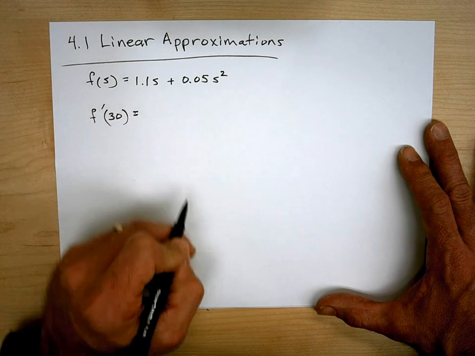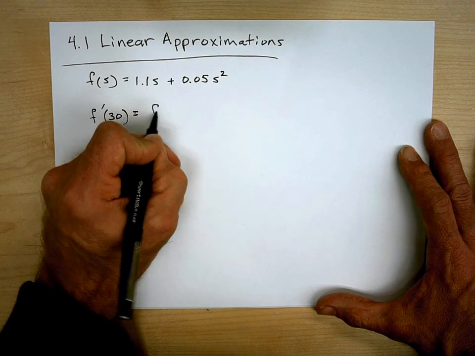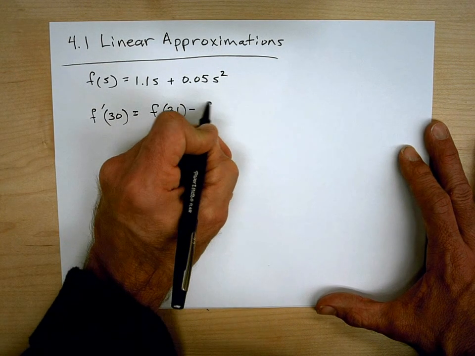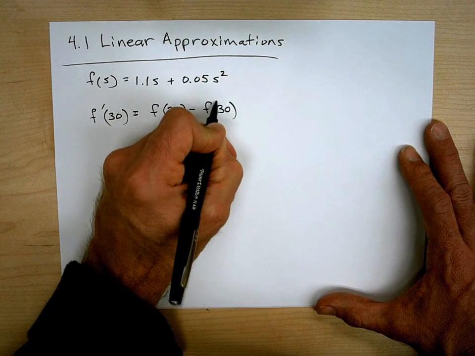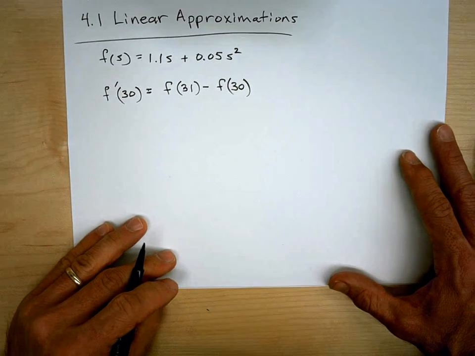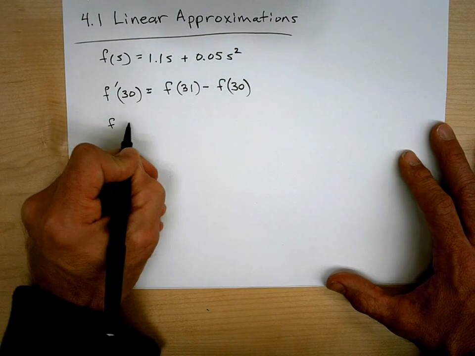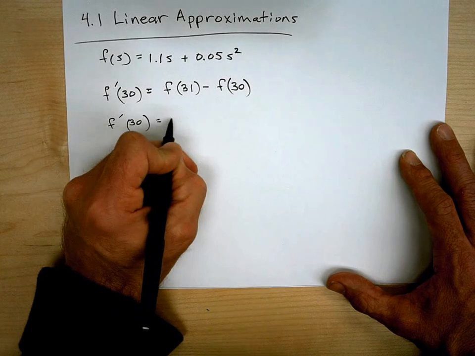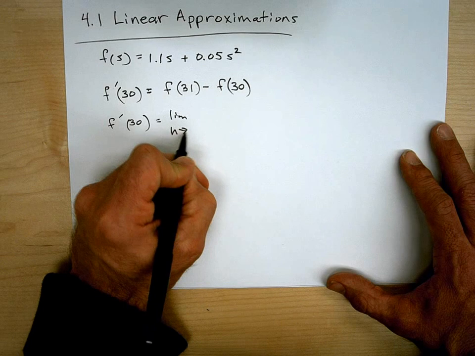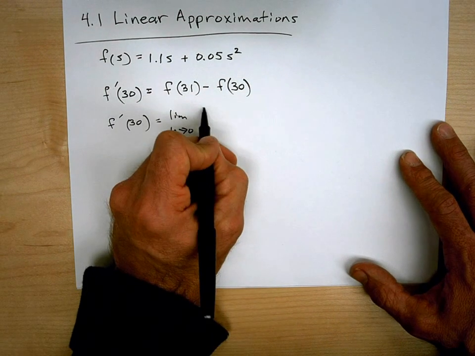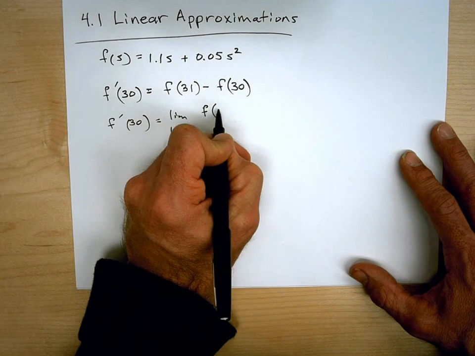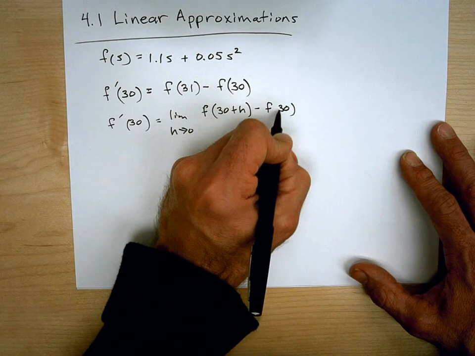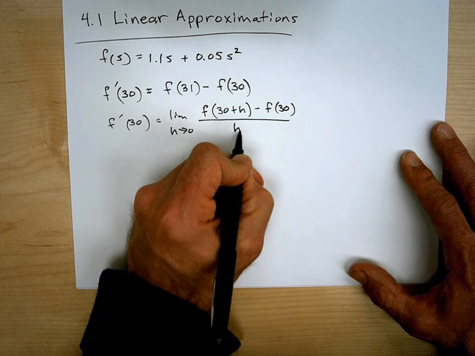So if you recall, we approximated this using just f of 31 minus f of 30, all right? Because recall f prime of 30, technically it's the limit as h goes to 0 of f of 30 plus h minus f of 30 all over h.